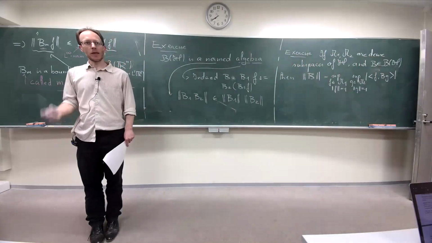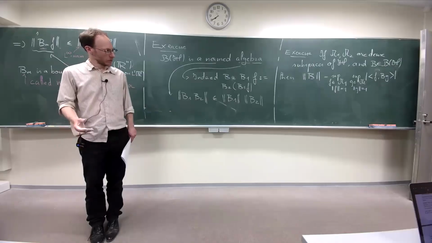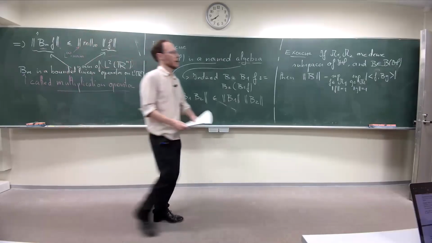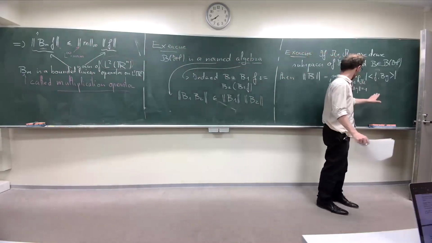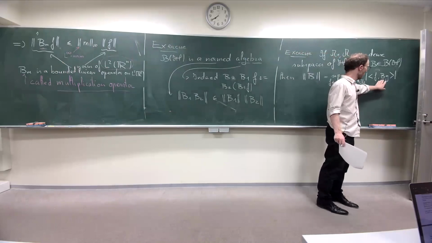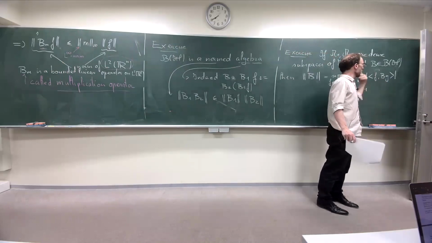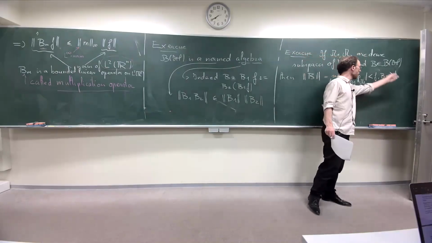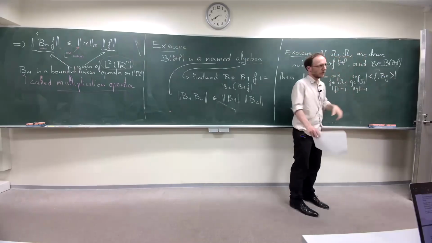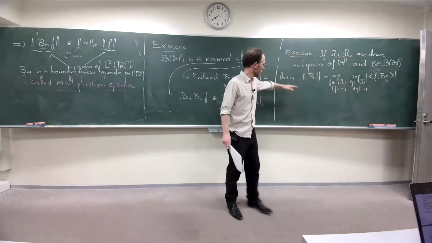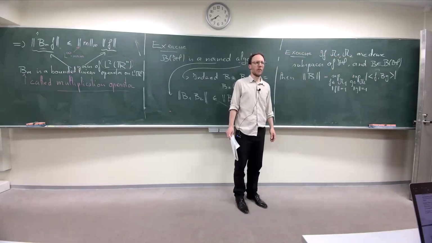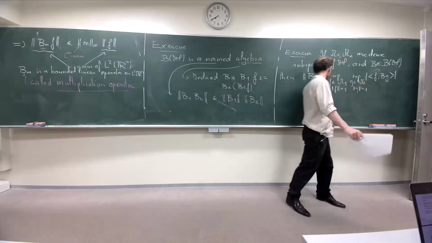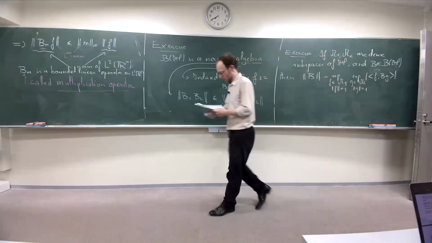So what does it mean? It means you can compute the norm of B by taking just scalar products. You take scalar products between F and BG, but you now take all F on a dense subset, all G on a dense subset. You take the maximum value, or more precisely, the supremum, and you get this number. So it's not completely trivial that you really get an equality, but it turns out to be true.